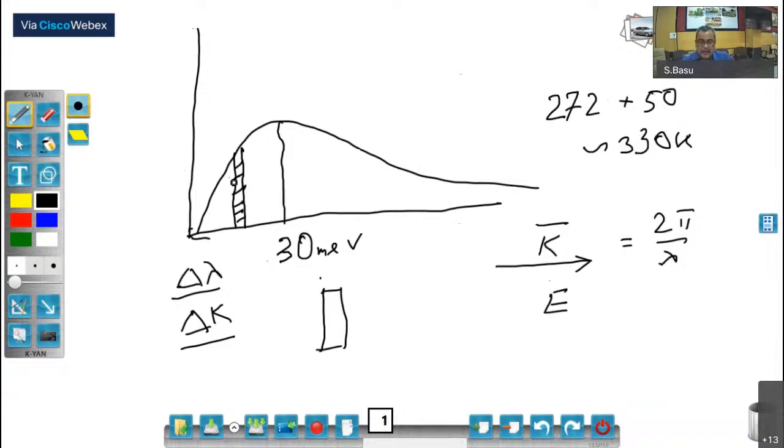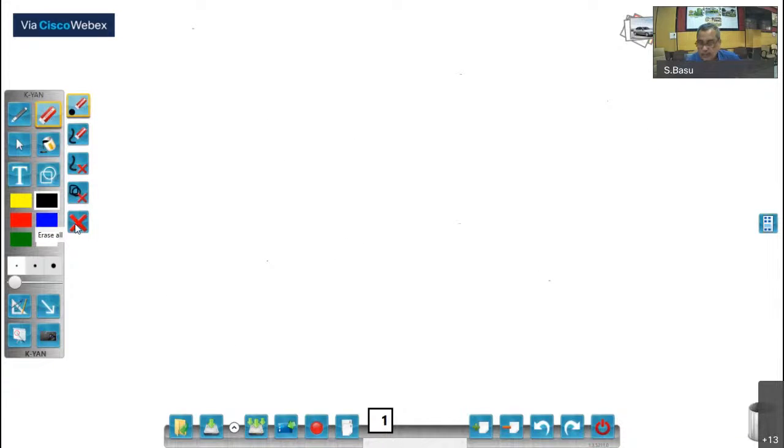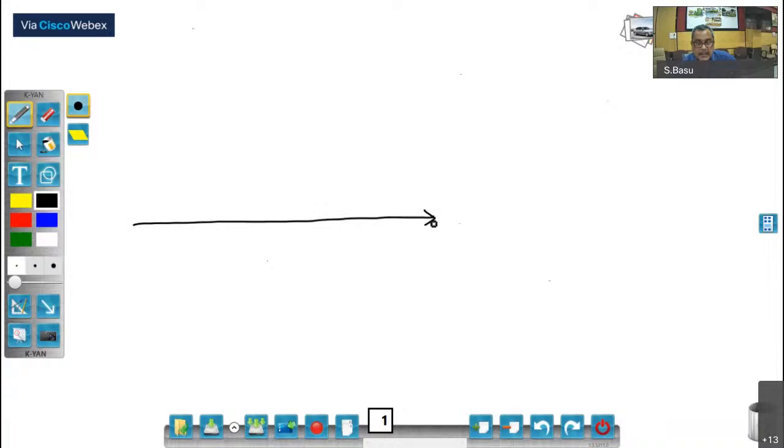So how to monochromatize it? That all of us know, by Bragg diffraction. A polychromatic beam comes, and in the beam path, I keep a single crystal, which is known as a monochromator.